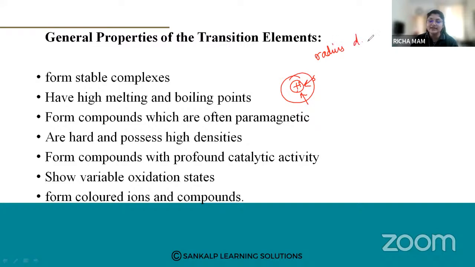As the number of d electrons increases, the shielding effect also increases, and thus it will balance the attractive forces from the nucleus. It will be balanced, and the atomic radius will remain constant.